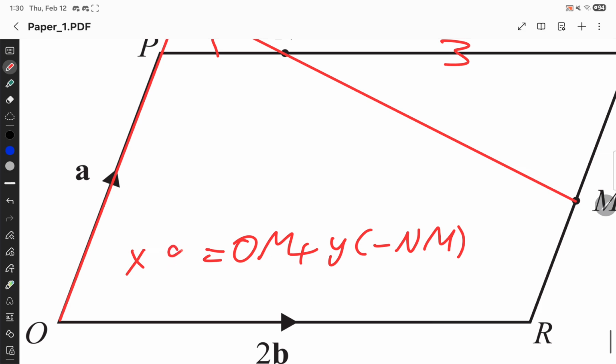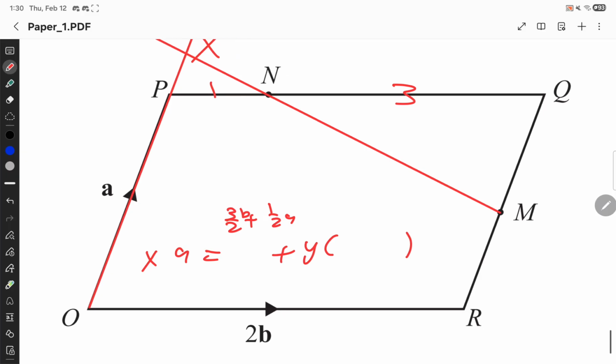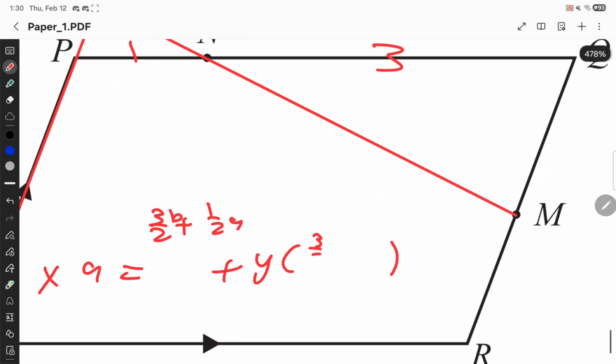Now OP is equal to a, OM is equal to 3 over 2b plus a half a, 3 over 2 plus a half a plus y, and negative NM. Now NM was 3 over 2b plus minus a half a, but since it's negative, we just flip the signs.